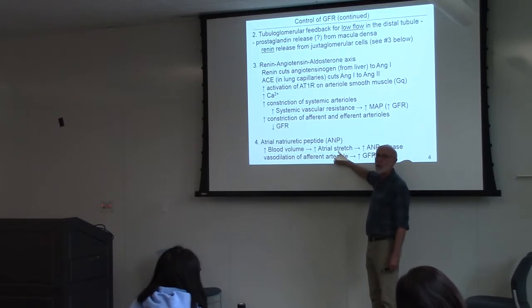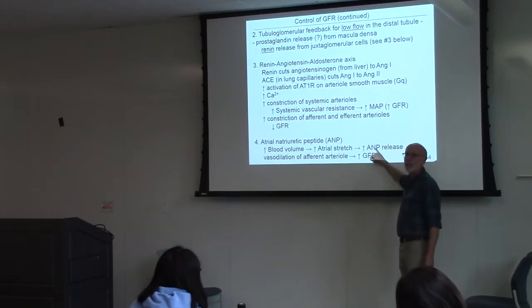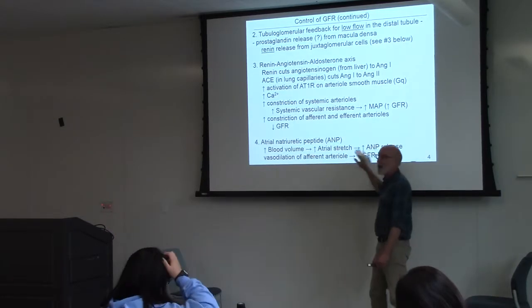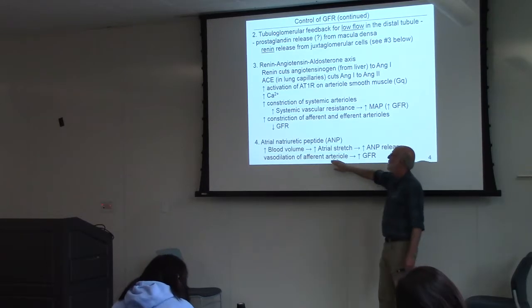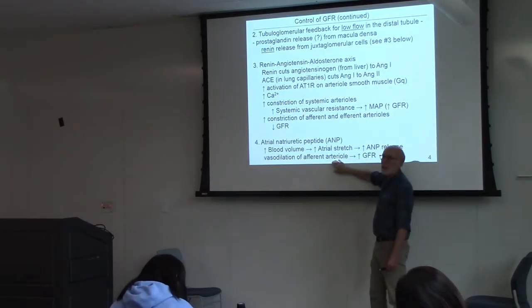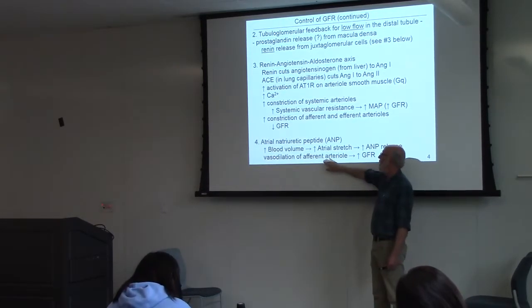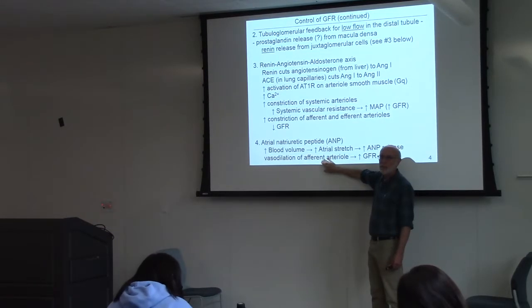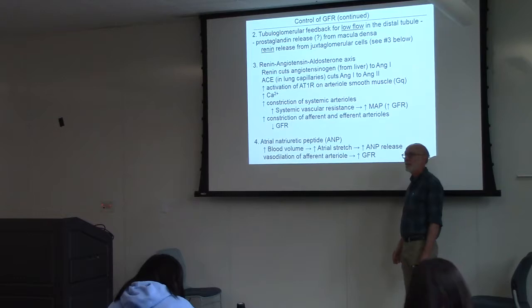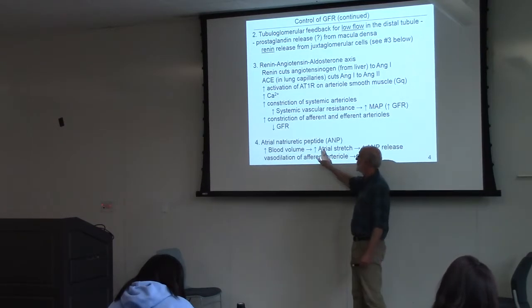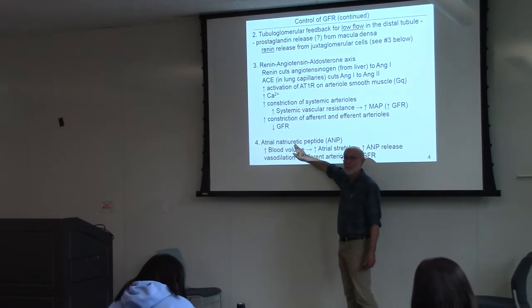A stretch receptor in the atria leads to release of atrial natriuretic peptide. So it's a volume stretch detector that releases ANP, that causes dilation of the afferent arteriole and an increase in GFR. And we'll talk about how sodium gets excreted in a few minutes.